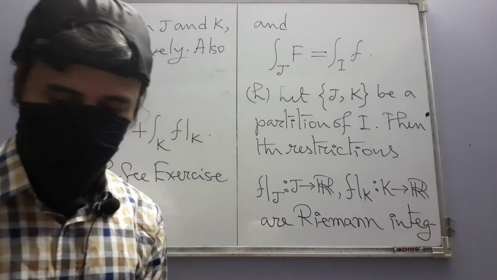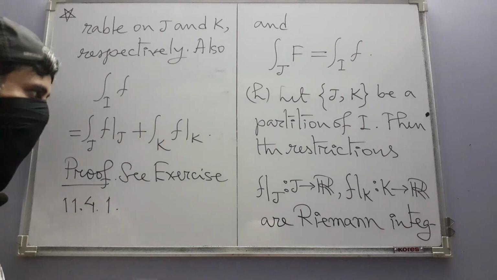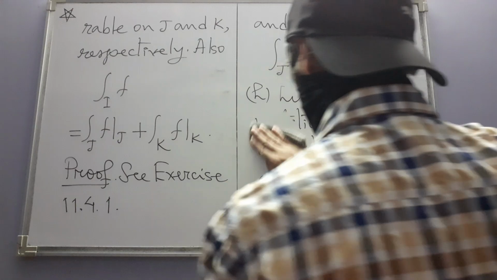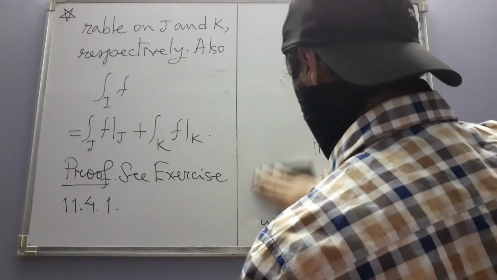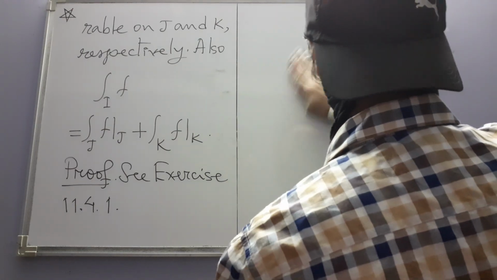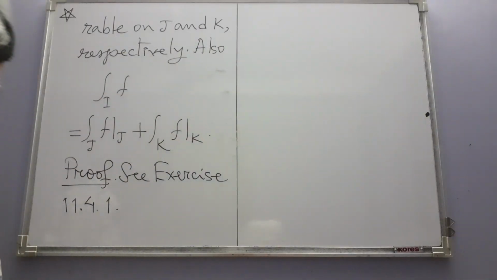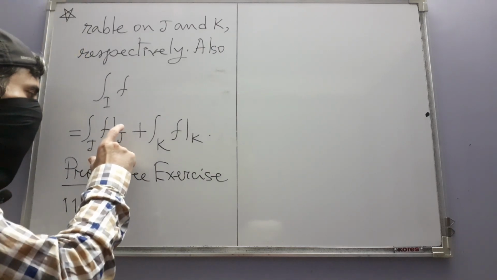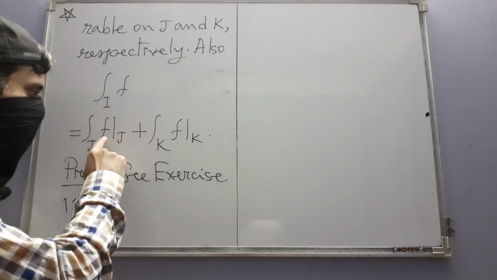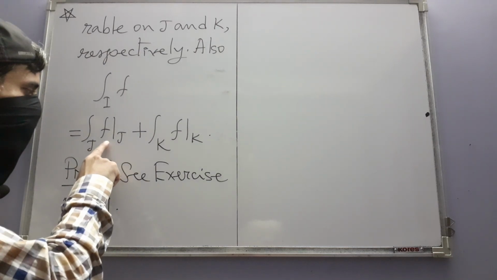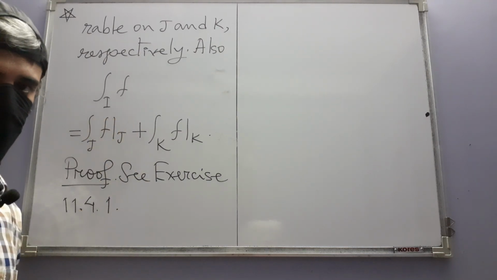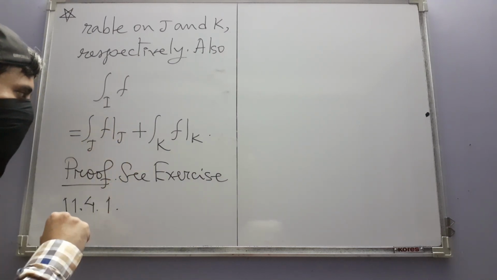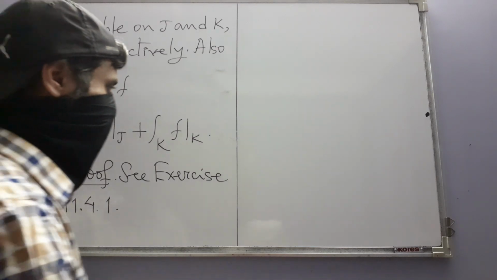Alright. Now after this there is a remark which simplifies this notation slightly. Whenever we are dealing with an integral of a restriction of some function, we do not normally write the full notation of the restriction. That is, in place of the integral of f restricted to j over j, we simply write the integral of f over j.